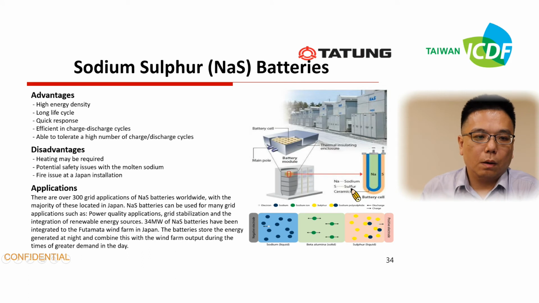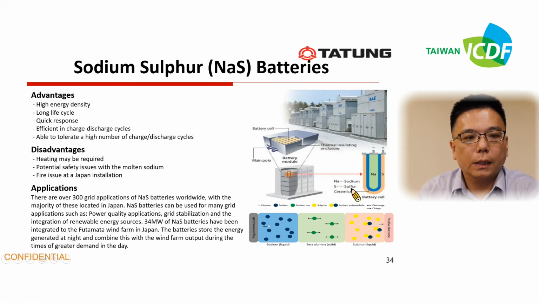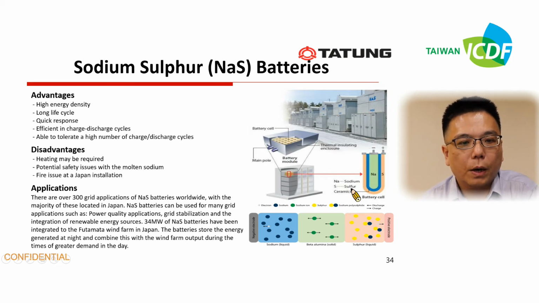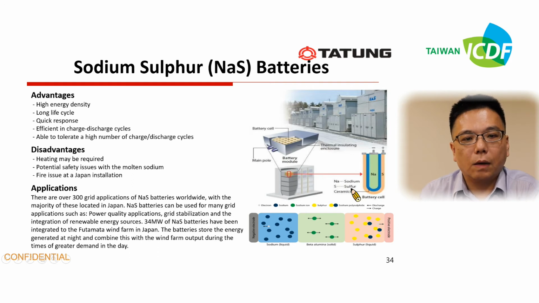In application, there are over 300 grid applications of the sodium sulfide battery worldwide, with the majority located in Japan. It is used for many grid applications such as power quality, grid stabilization, and the integration of renewable energy sources.